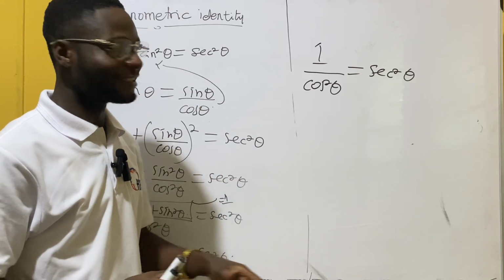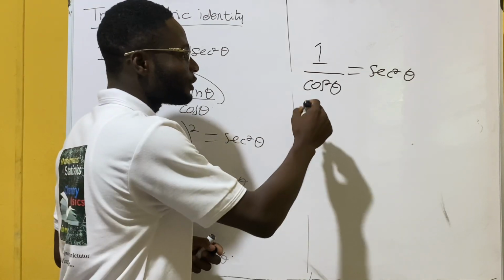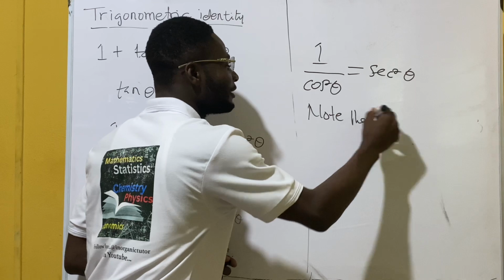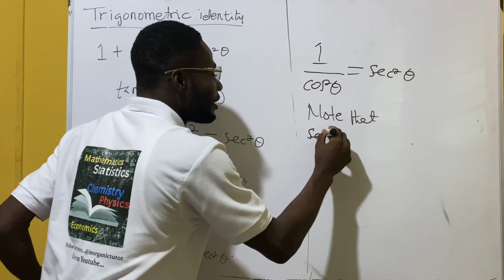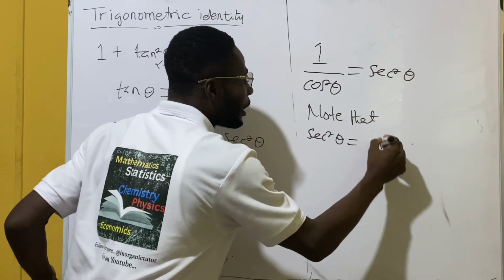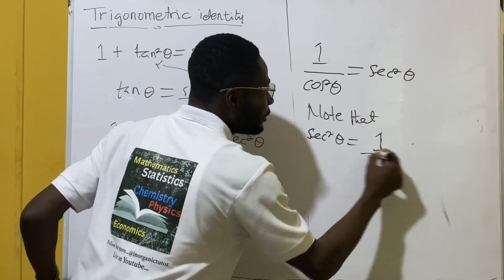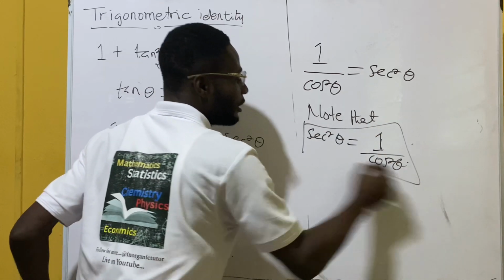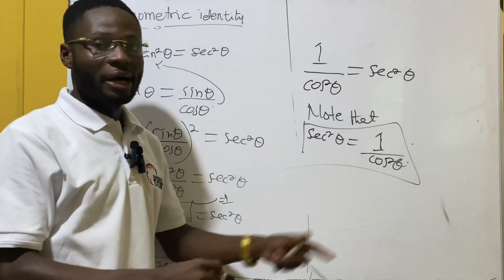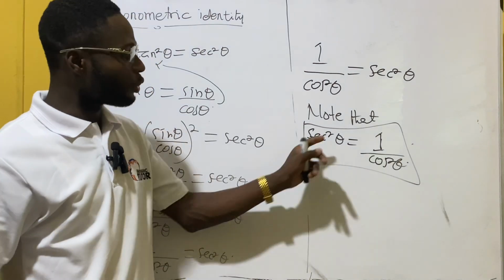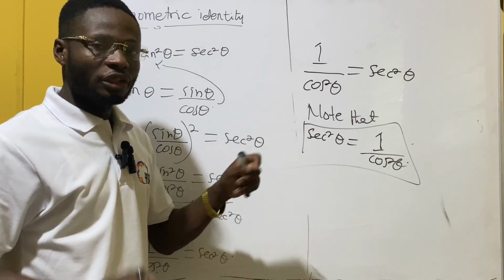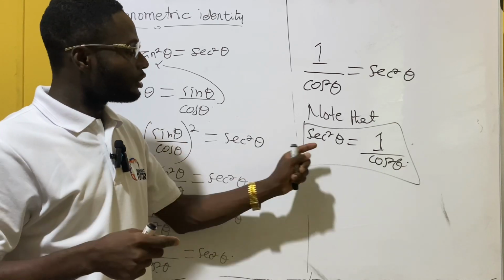That is the process. So note that sec squared theta is equal to 1 over cos squared theta. This is also a minor identity that you have to know. So once you have 1 over cos squared theta, don't think too much.